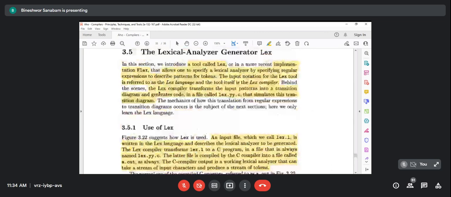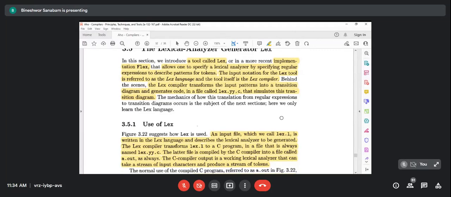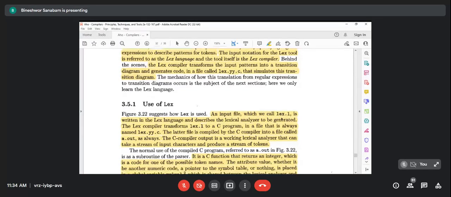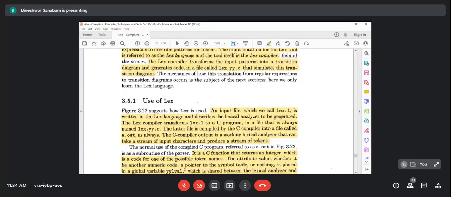You can look here. The Lex compiler transforms the input patterns into a transition diagram and generates code in a file called lex.yy.c that simulates this transition diagram. Once you have lex.yy.c, we give it to the C compiler to obtain a.out.